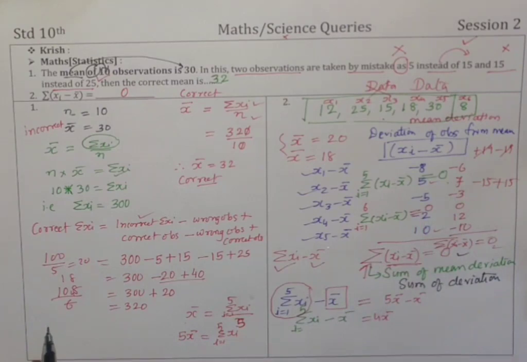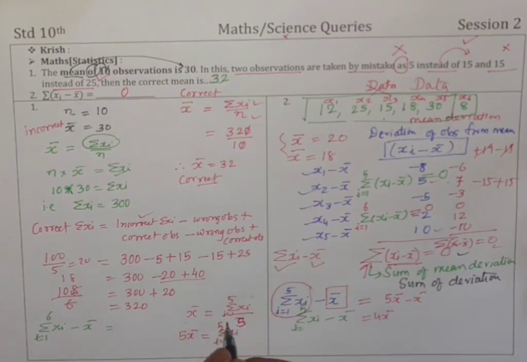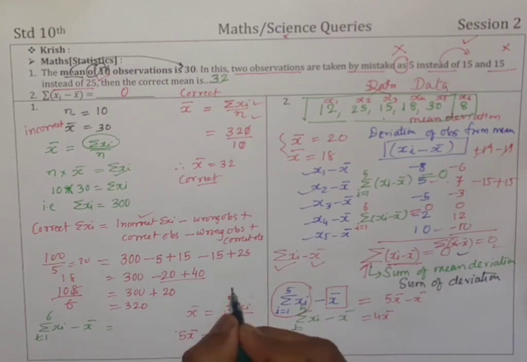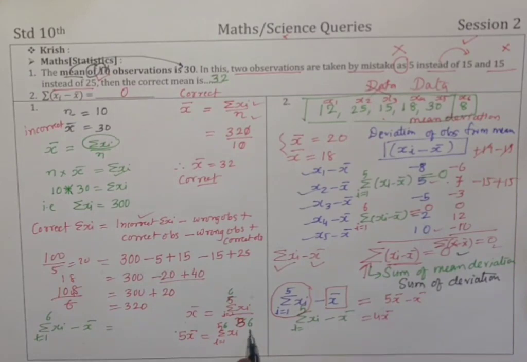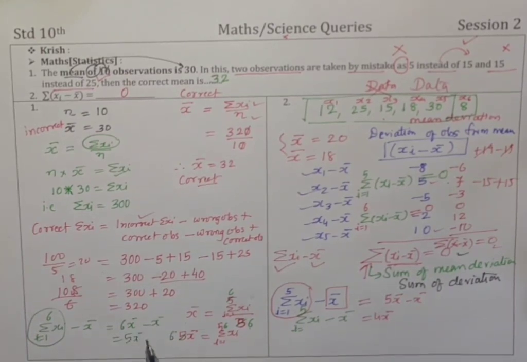In the second case, sigma xi, i runs from 1 to 6, minus x bar, no bracket, here two terms. Children, just as sigma xi from 1 to 5 was 5x bar, for 1 to 6 the number of observations is 6, so it will be 6x bar. So here sigma xi when i runs from 1 to 6 is 6x bar and here minus x bar, so that gives you 5x bar.